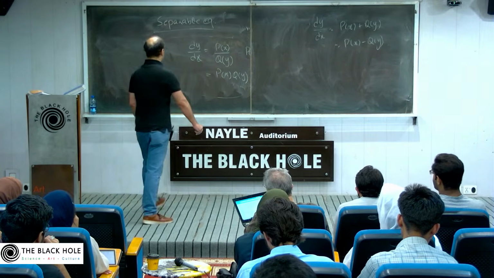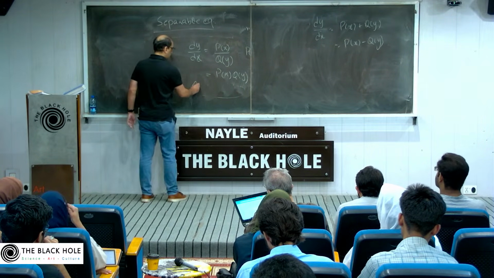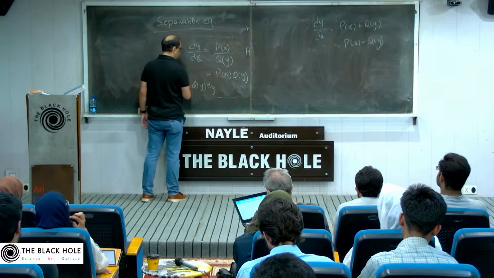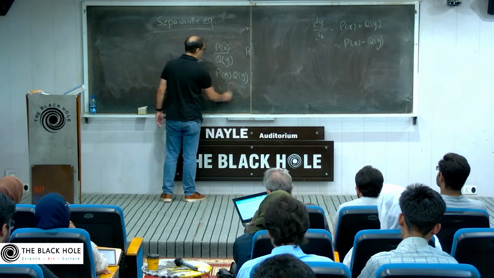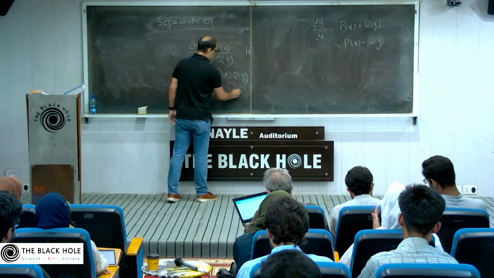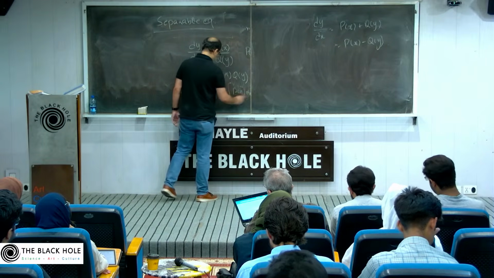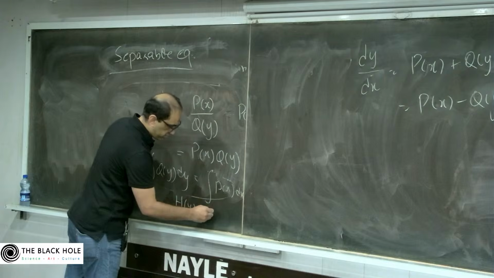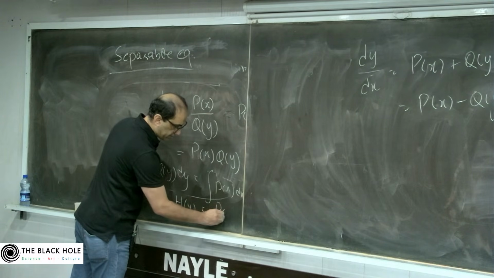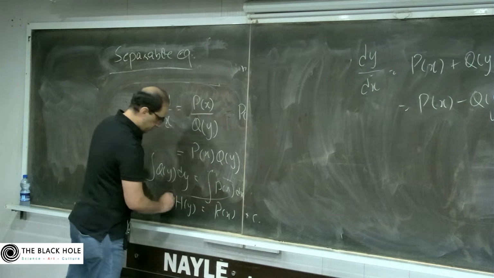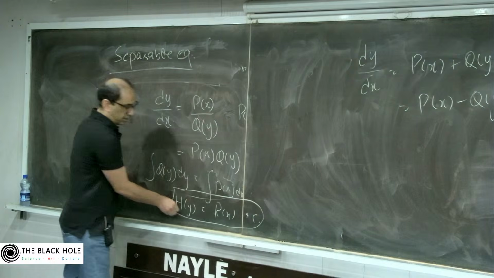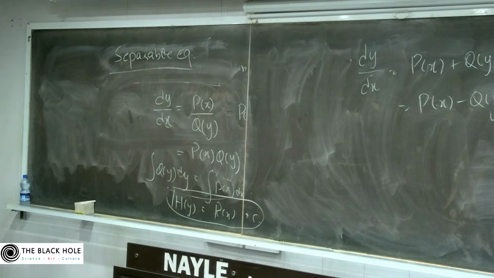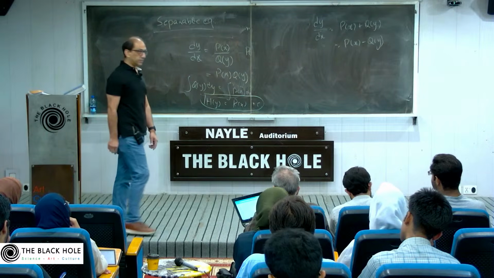So I can write q of y dy equals p of x dx, and I will have some h of y equals some r of x plus some constant. That is how you solve it. This is the first thing, the separable equation, the easiest that you get.